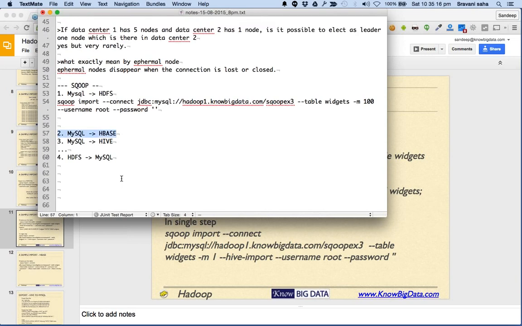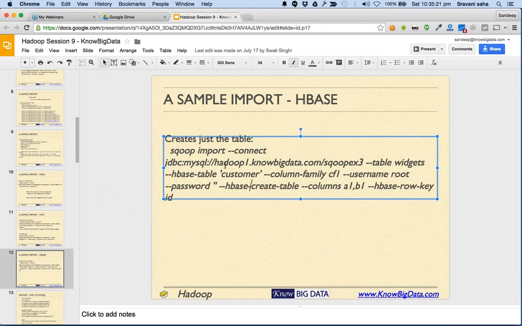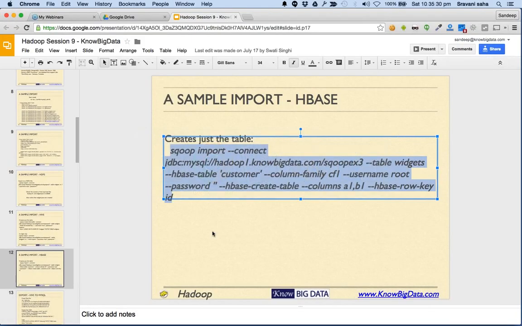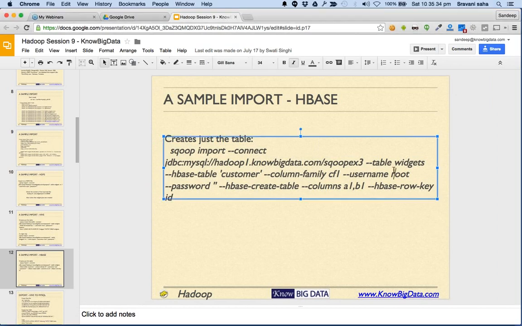Next is copy from MySQL to HBase. That's also pretty straightforward. Okay. So let's say you have a table called widgets in MySQL or any other database, and you have a table called customer in HBase.